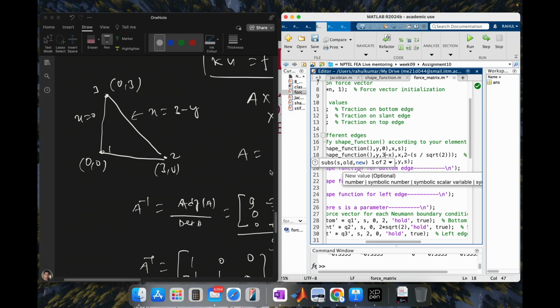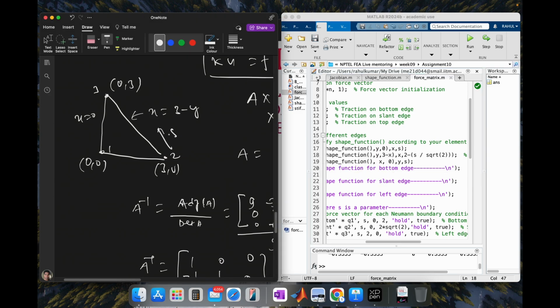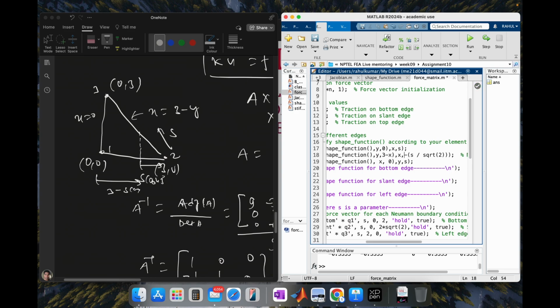If I see something like this, suppose this is s, since the angle is 45 degrees, this will be s cos 45 degrees, and this will be 3 minus s cos 45 degrees.